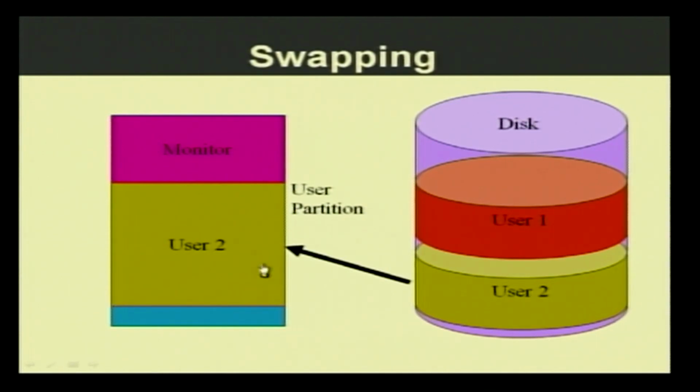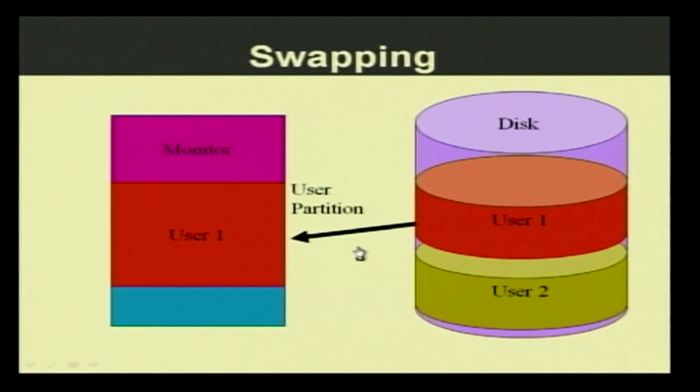After the full completion of user 2, it is loaded back to the secondary storage and next the suspended user 1 is loaded back into its original memory area to resume its operation. Therefore, the total time taken to swap in and swap out both user 1 and user 2 is known as transfer time.